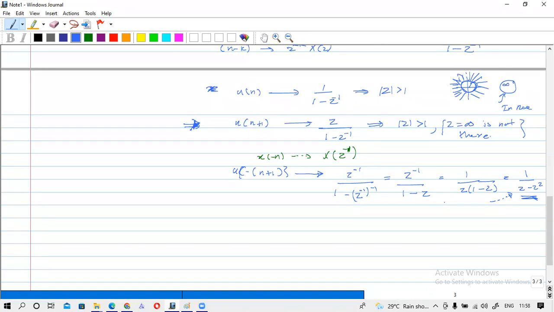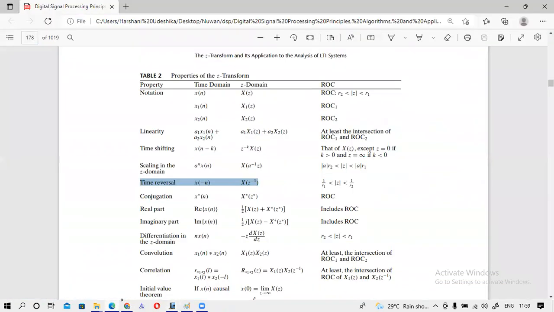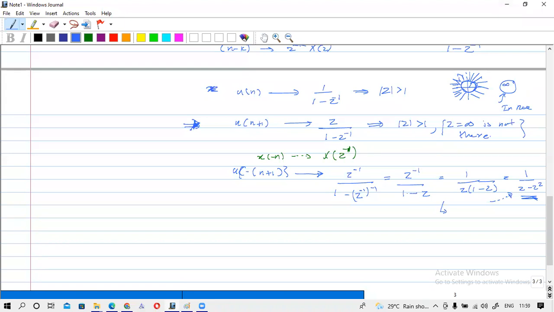So how will the ROC be changed? It is changed as 1 by R1, 1 by range. So in this line the ROC will be changed to 1 by R1, and this will be your 1 by R2.